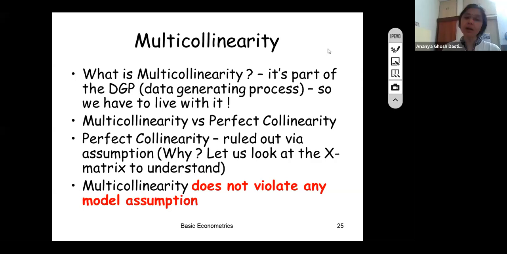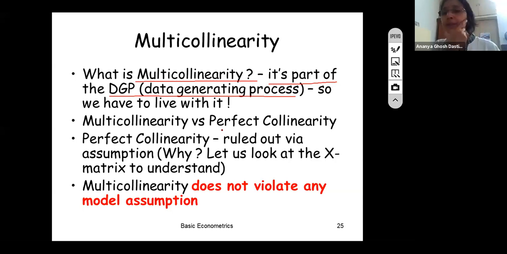So I wanted to talk about a problem of multicollinearity, which is frequently discussed in the context of multiple linear regression models. So let's start with what is this problem of multicollinearity. Multicollinearity is actually a part of the data generating process. The thing with multicollinearity is that we have to just live with it.